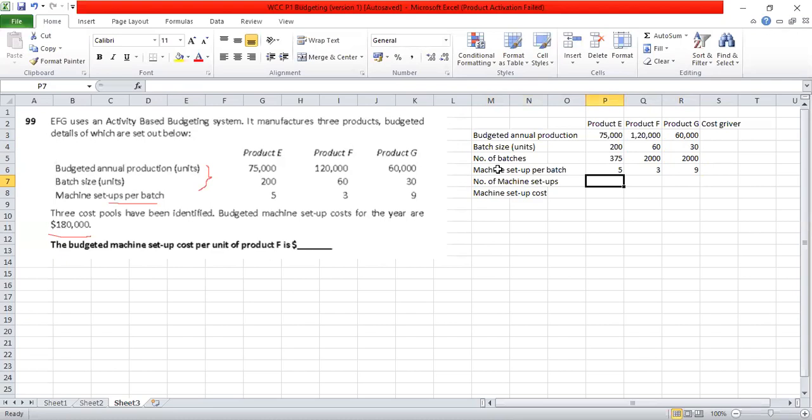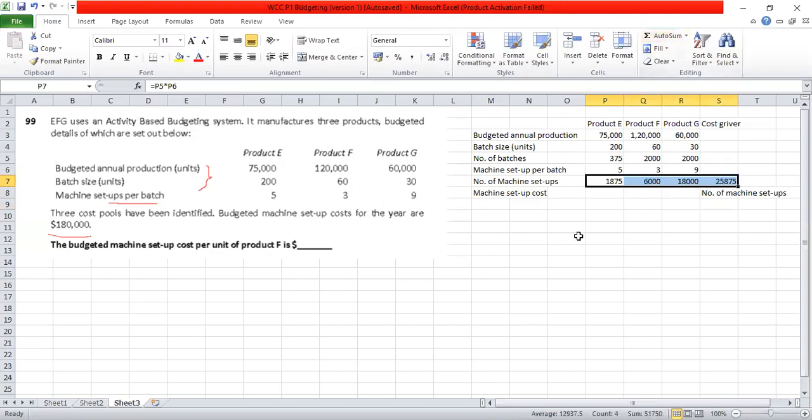So the total number of machine setups: if setups per batch is 5 and number of batches is 375, we just have to multiply these two things. So this becomes the cost driver, that is the number of machine setups. Total cost is 180,000. So allocate in this particular proportion.